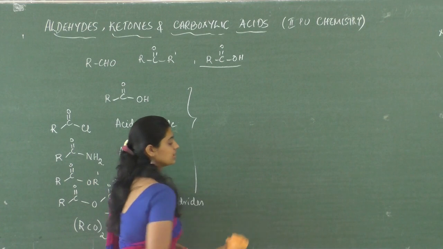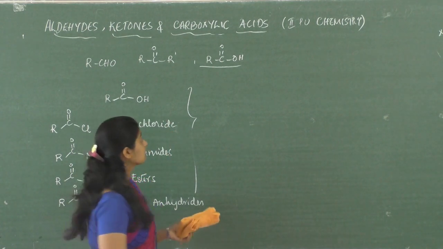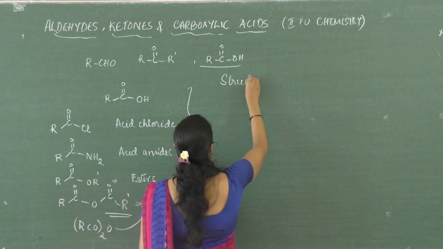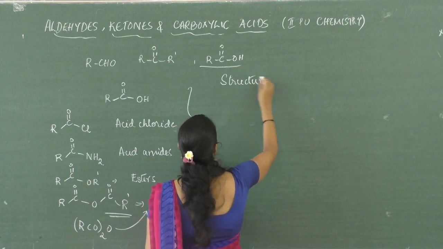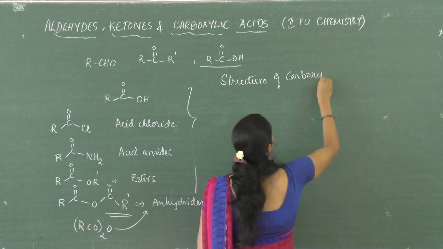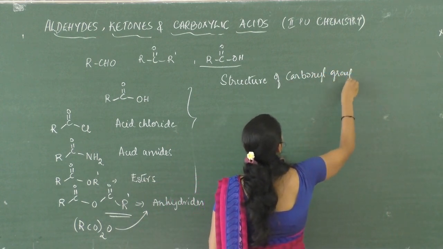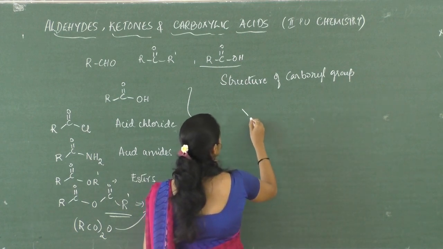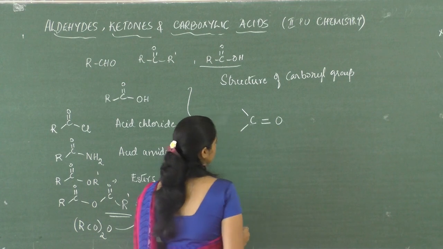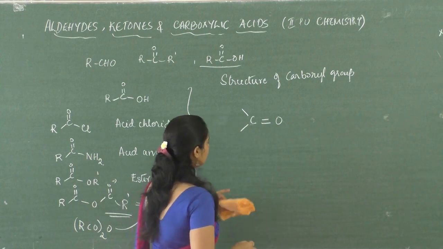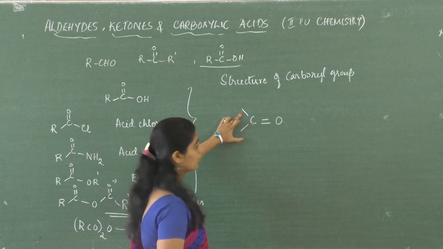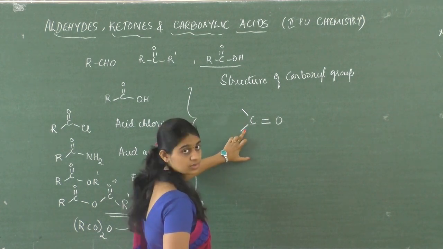Now let us see the structure of the carbonyl compound or carbonyl group. Here you can see that a single bond is usually a sigma bond, so this is a sigma bond, this is also a sigma bond.